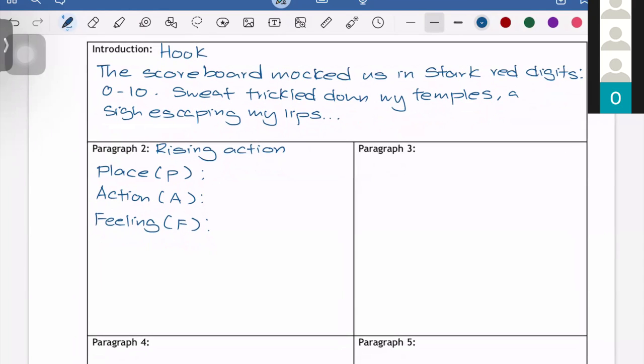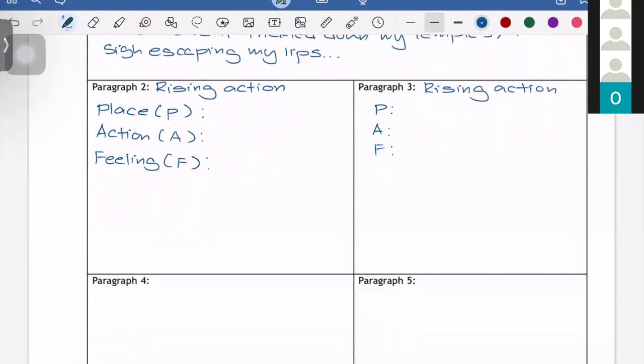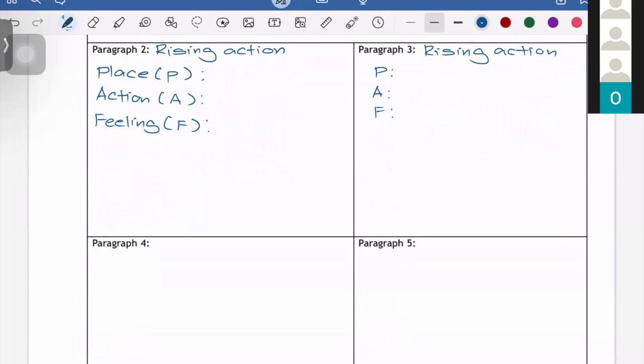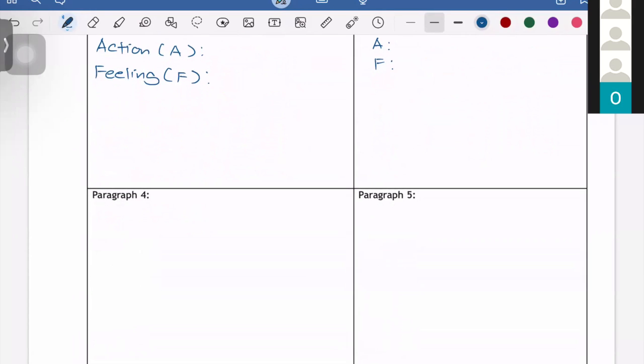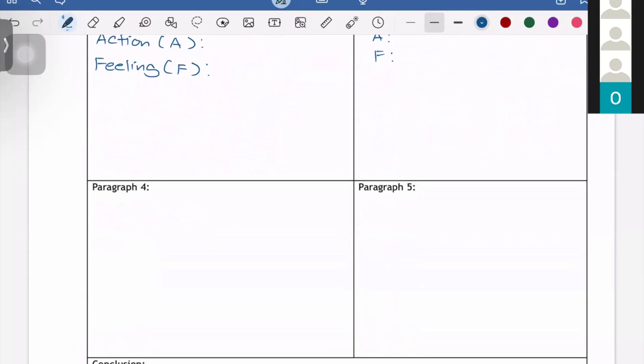So same thing, paragraph 3, it can still be your rising action depending on your story. Focus on your P, A, F again. In this case, paragraph 4, I'm going to take it as my climax.